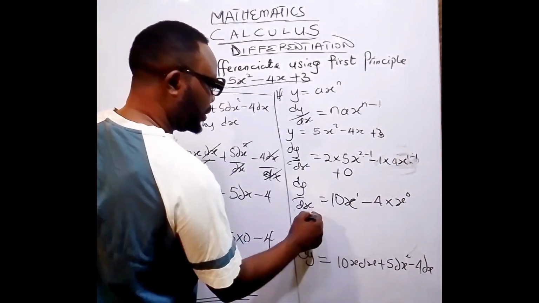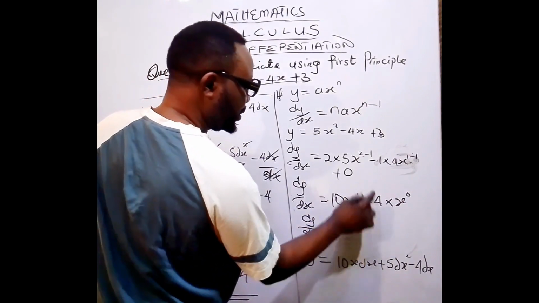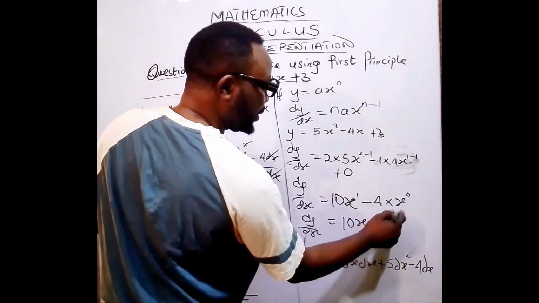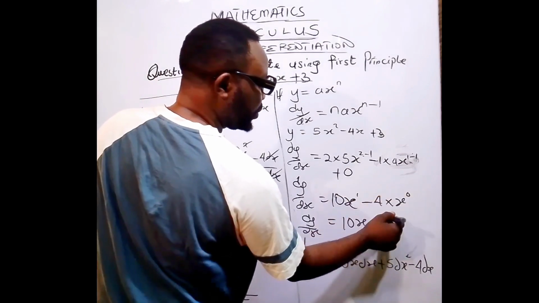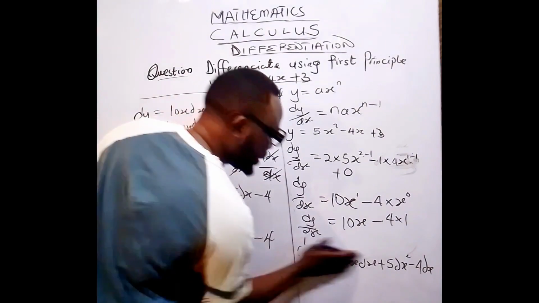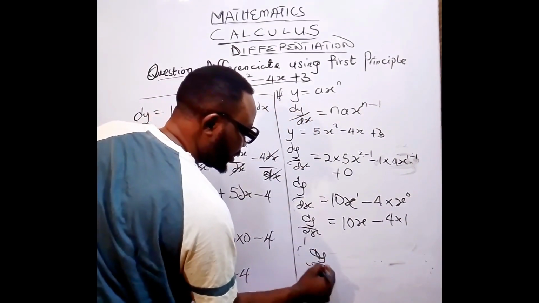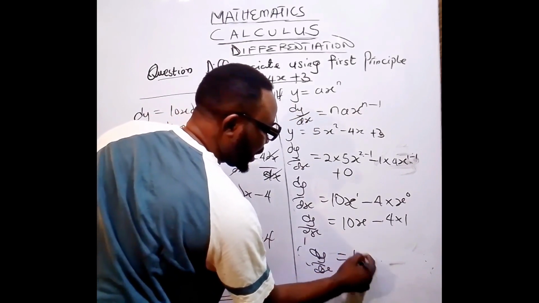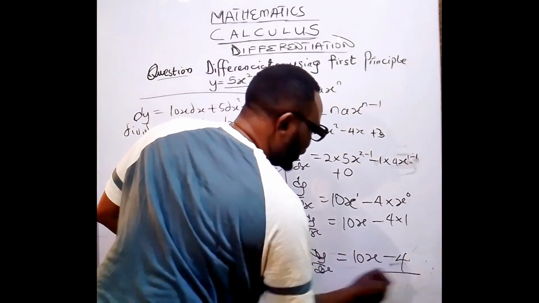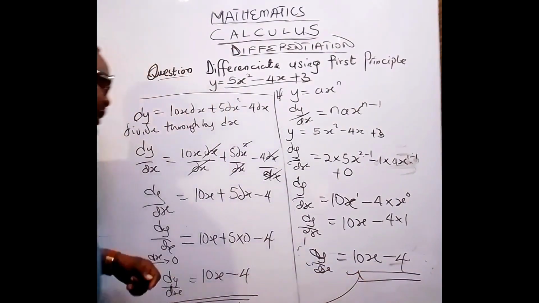So the y dx now will be equal to 10x, you don't need to put this 1 there, minus x raised to 0 is 1, 4 times 1. So the y dx at this level will be equal to 10x minus 4.